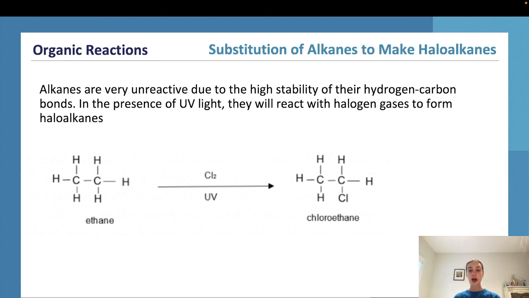We are then left over with one of the chlorine atoms from the Cl2 and the hydrogen atom which has been taken out of ethane, leaving us with chloroethane and HCl. So our main product would be chloroethane, and our byproduct would be HCl, or hydrochloric acid.